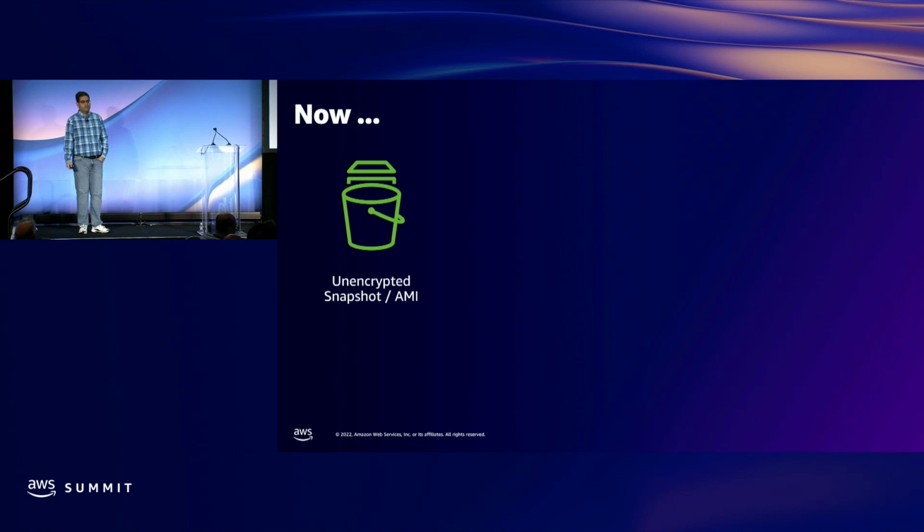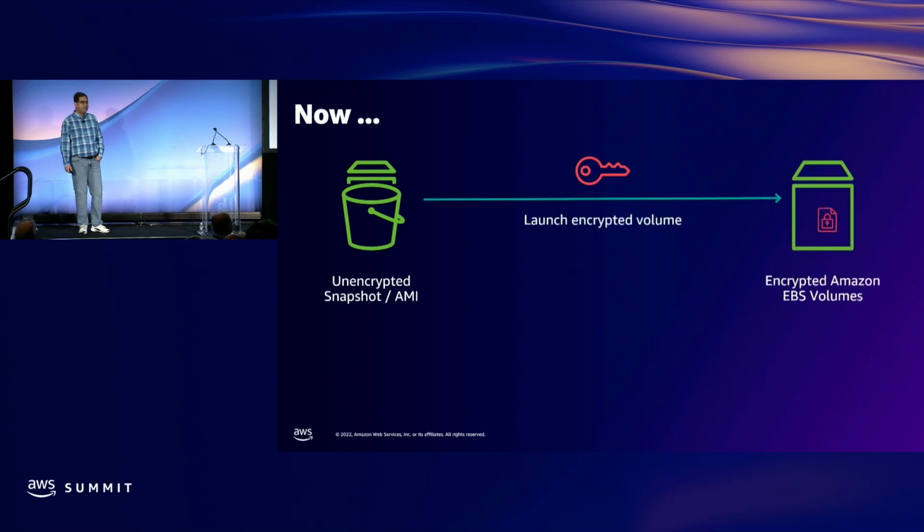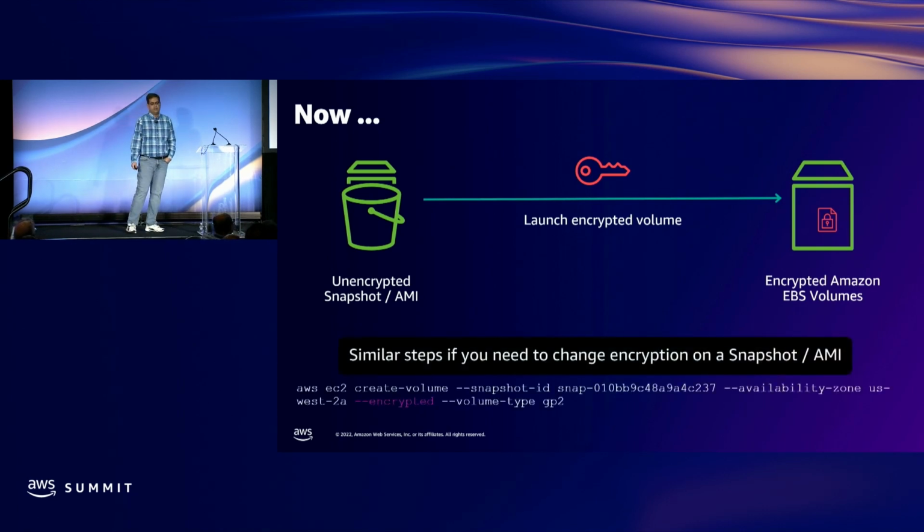With our encryption feature, you can now take an unencrypted snapshot or an AMI and just launch an encrypted volume from it. It's as simple as your create volume command with just the encrypted tag. It'll pick your key, and you can go launch an encrypted volume.